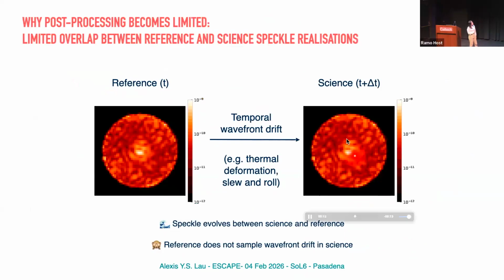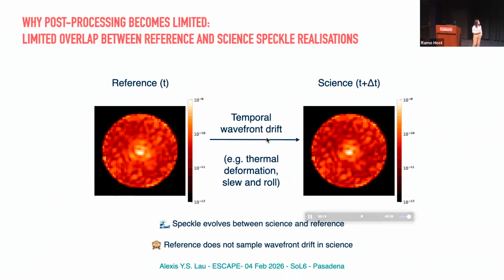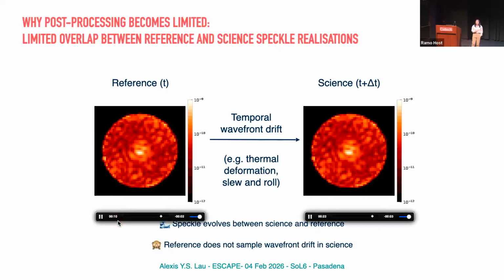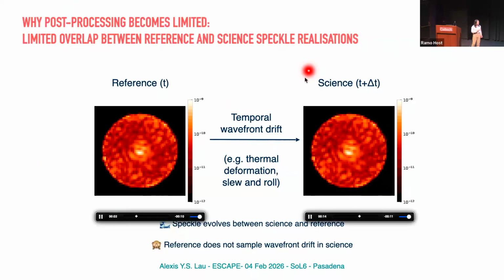Meaning that when we are conducting the observations, there will be temporal reference drift, for example, induced by thermal deformations or telescope mechanical movement, for example, the slew. These induce what we call quasi-static speckle, and these speckles evolve on a similar time scale as the observing time. That means the speckle realizations in the reference images might not sample what is going on in the science images.